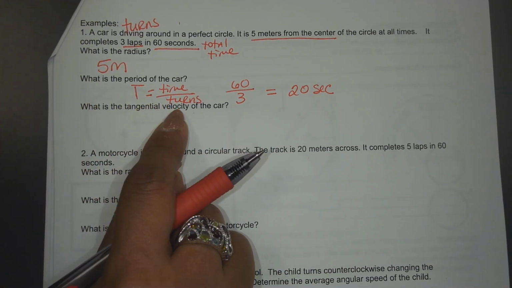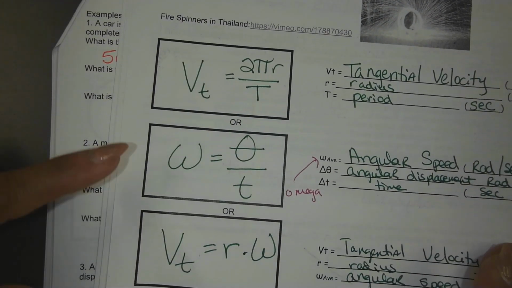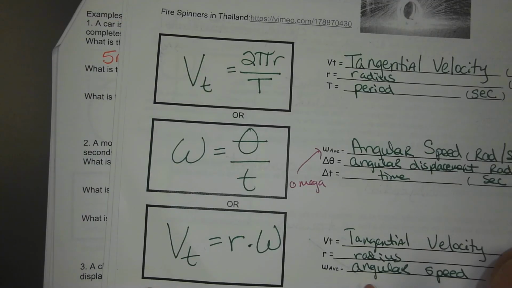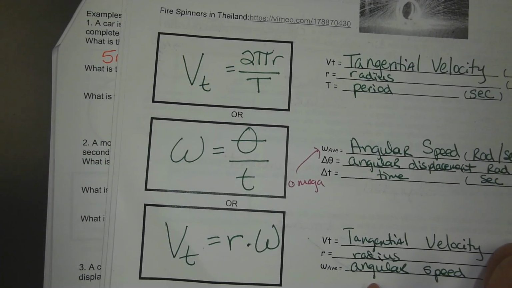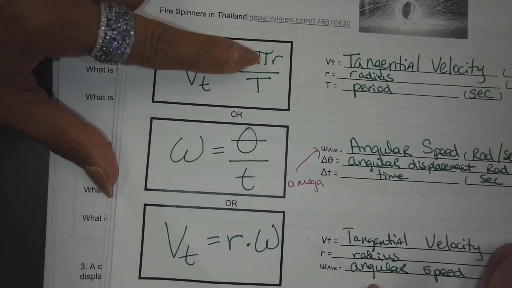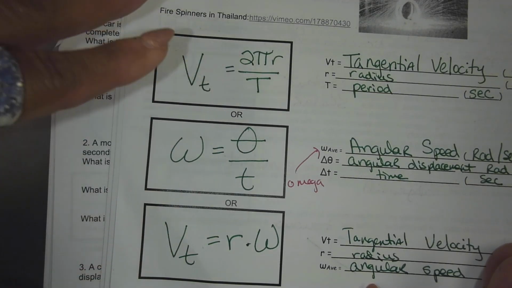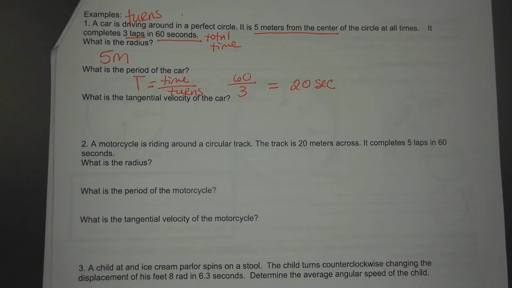In tangent velocity, you've got 3 equations you can use. Equation 1, equation 2, equation 3. They all get you the same answer, just like our flow chart for kinematic equations. But since I have radius and period, equation 1 is like our easiest go-to equation.